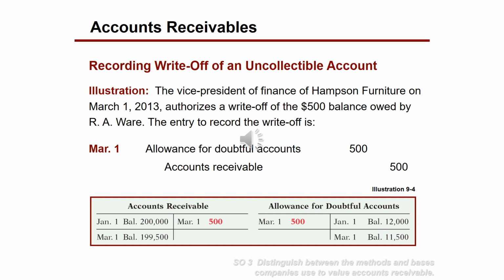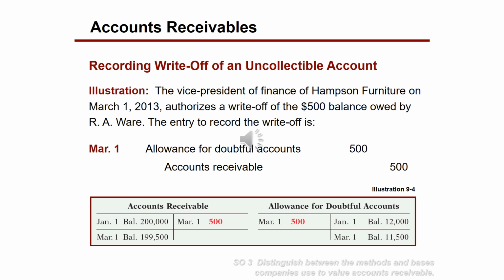On that date, the Vice President of Finance decided that this particular customer is not going to pay for one reason or another. So they decided to write off the amount that this customer owes to Hampson Furniture. So they are going to debit allowance for doubtful accounts for 500 and credit accounts receivable for 500, just like we've done in the previous example.